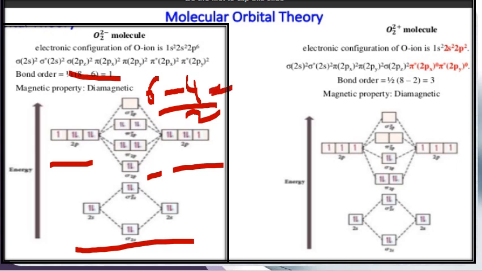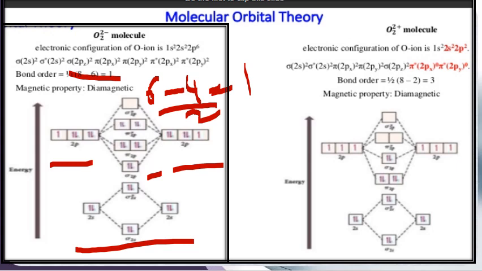Tell me now. 6 minus 4 upon 2, 1 bond between oxygen and oxygen. Is it? Now here we have paired electrons in all the orbitals. So the substance will be considered diamagnetic as there will be no attraction in the magnetic field for O2 minus 2. Now do the same thing with O2 plus 2.